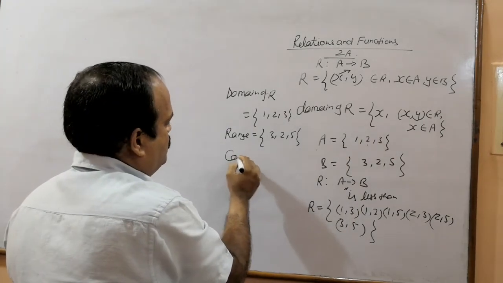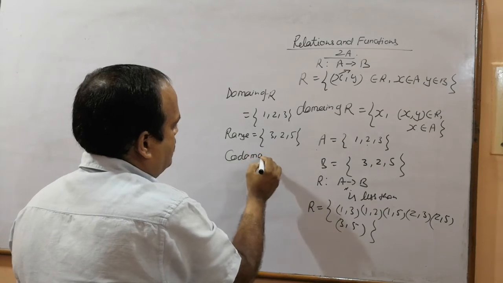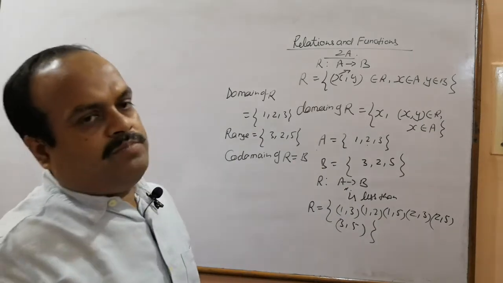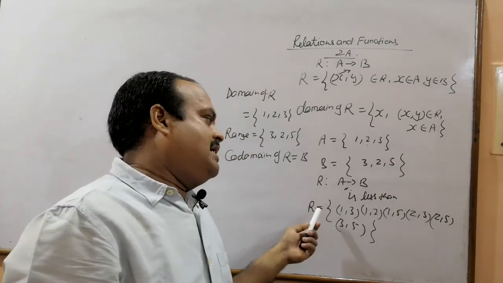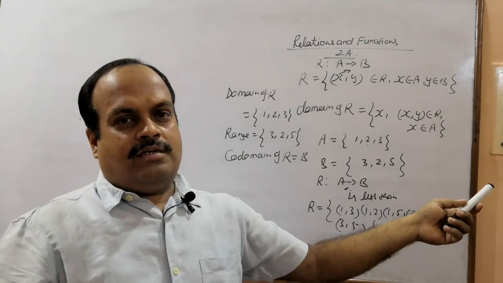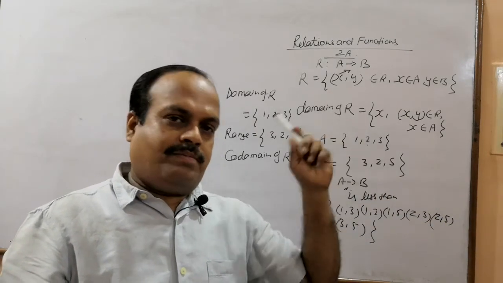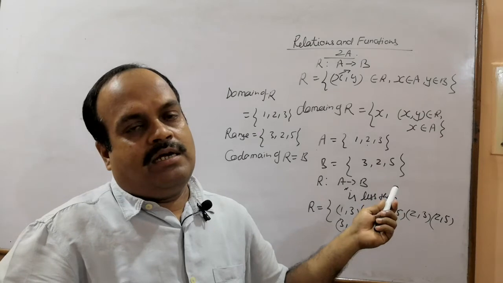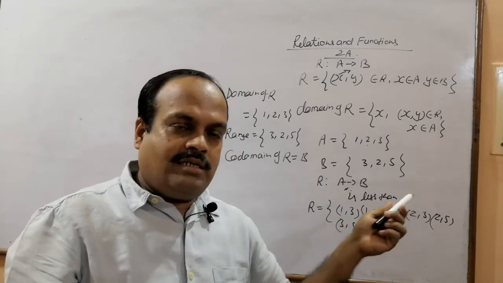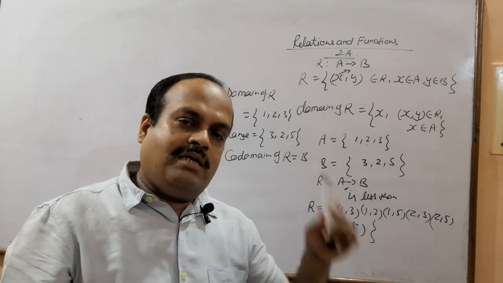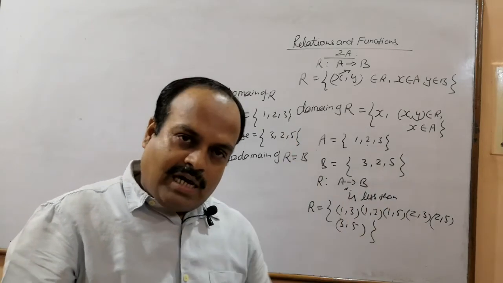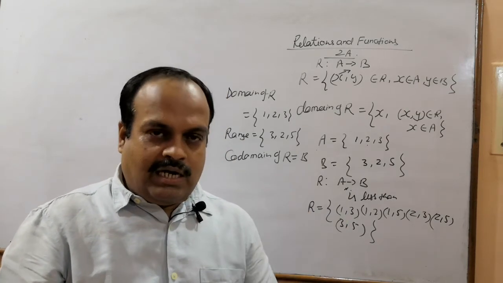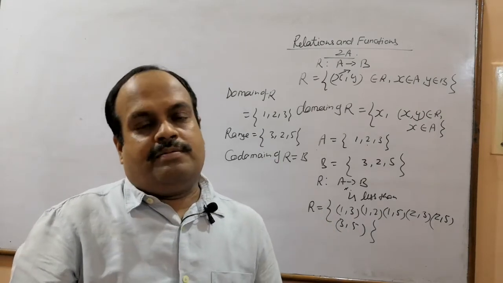While the codomain of R will be the set B. The collection of first entries of relation R will be called the domain of relation R. The collection of second entries will be called the range of the relation R, while set B is called the codomain of relation R.